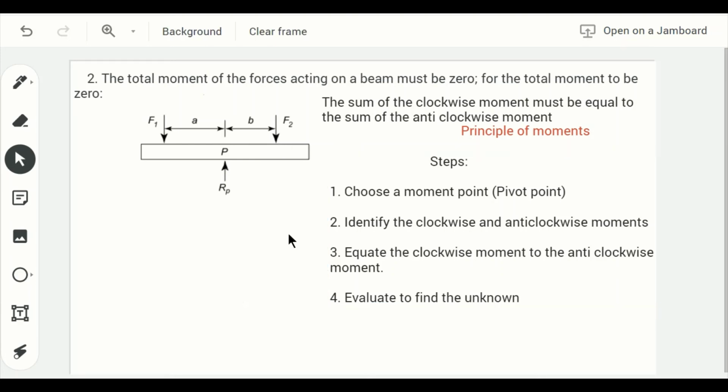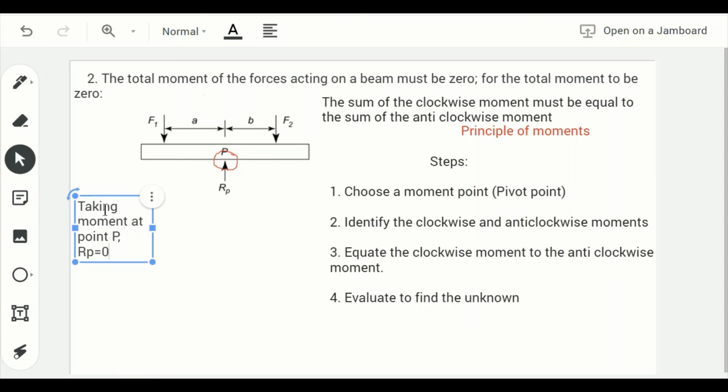So let me choose a moment. Let me choose point P as my moment. Alright? So I can say taking moment at point P. If I take my moment at point P, it means that RP is what? Is 0.